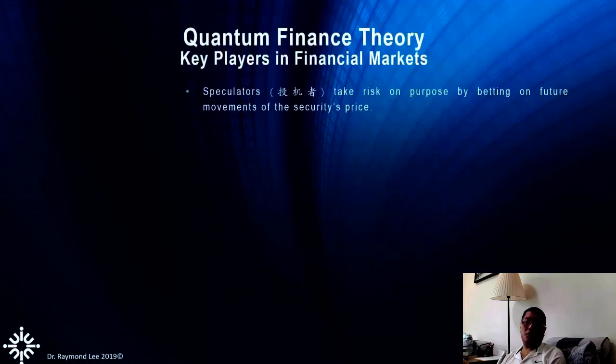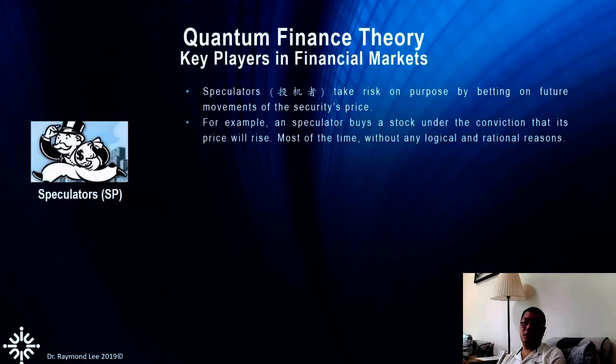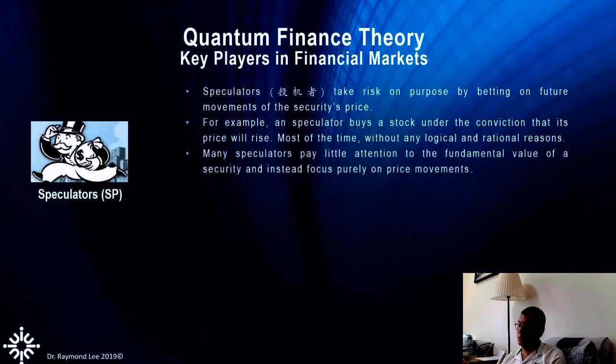So the third one is what we call the speculator. Many people, especially in China and Hong Kong, are speculators. Speculators are risk takers, and all the time they believe in the opposite direction. For example, when the Dow Jones Index dropped by 20%, speculators will imagine the market will rebound.